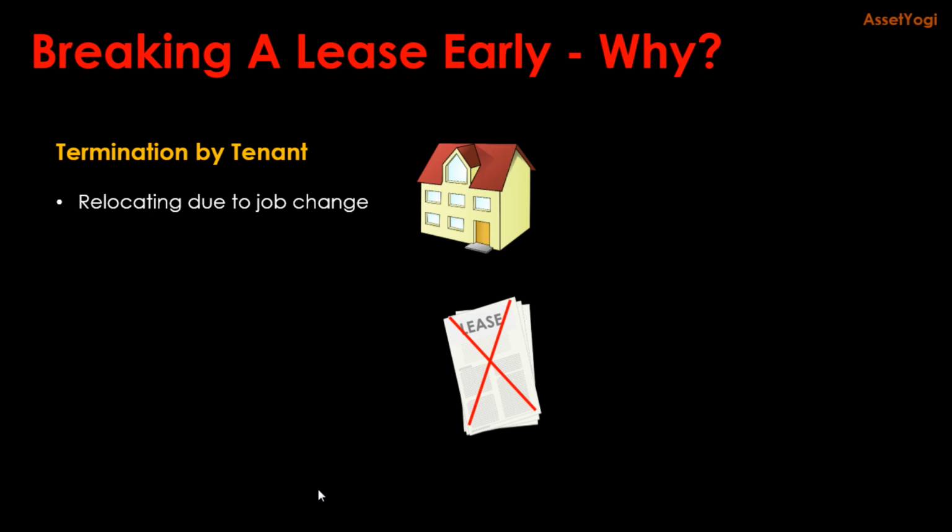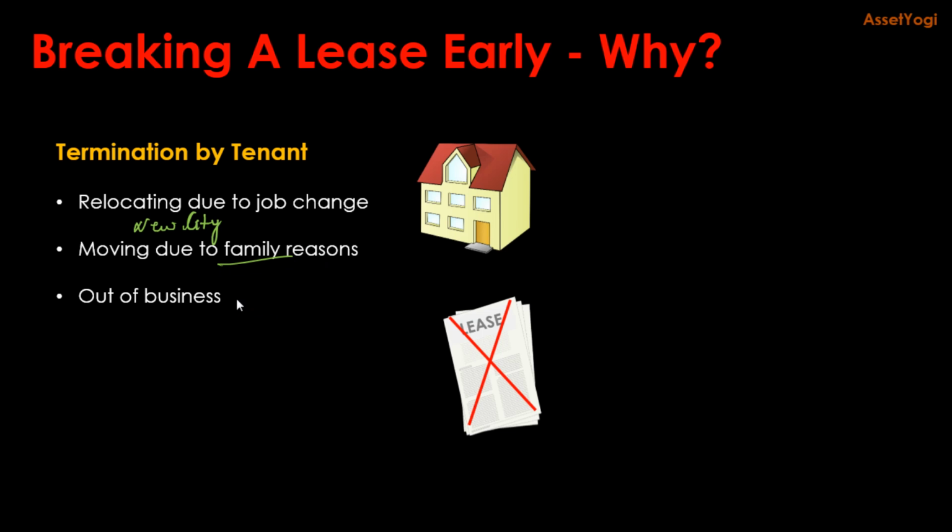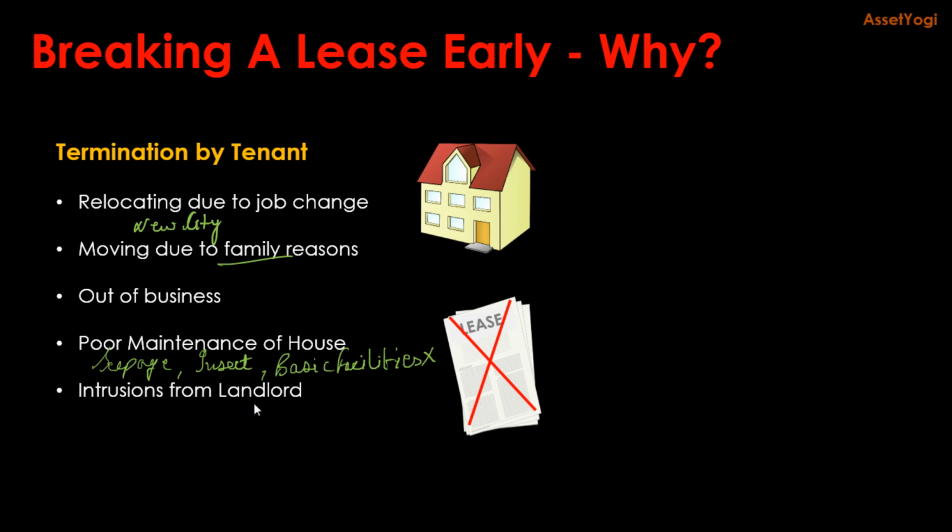So a tenant may want to break a lease because he is relocating due to a job change to a new city or state, or he is moving due to family reasons, or the tenant or his company has gone out of business and he has no money to pay, or suppose the house is in poor condition, suppose there is seepage in the house, or there are insect infestations.